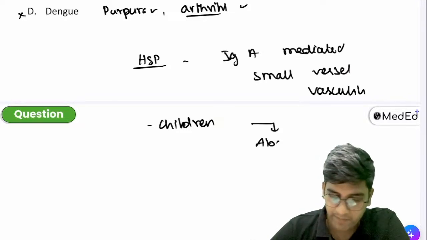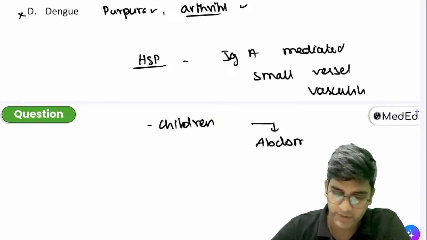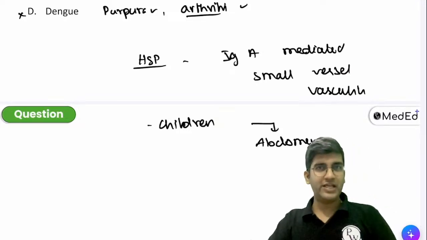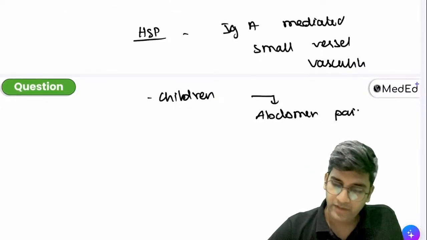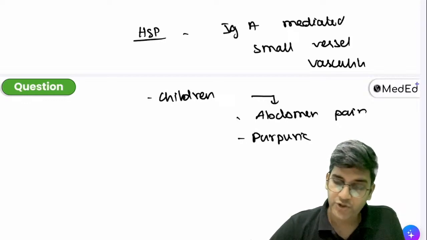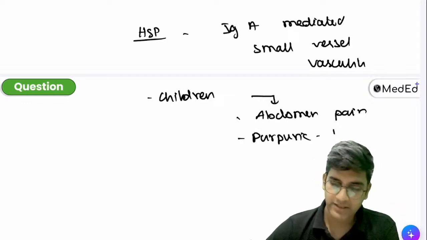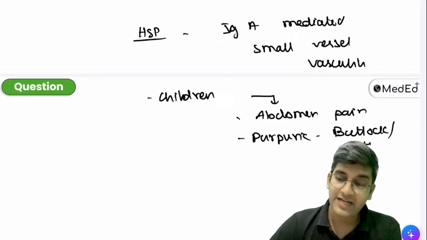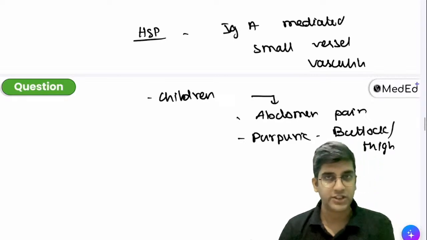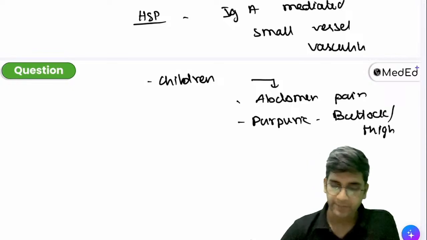Abdomen pain will be the presentation of HSP because the tiny vessels of the abdomen have the problem, right? Abdomen pain and also the purpuric rash, especially in the back and thighs, right? In the buttock region and in the thigh. That's a very classical symptom or sign of HSP, Henoch-Schonlein purpura, right?